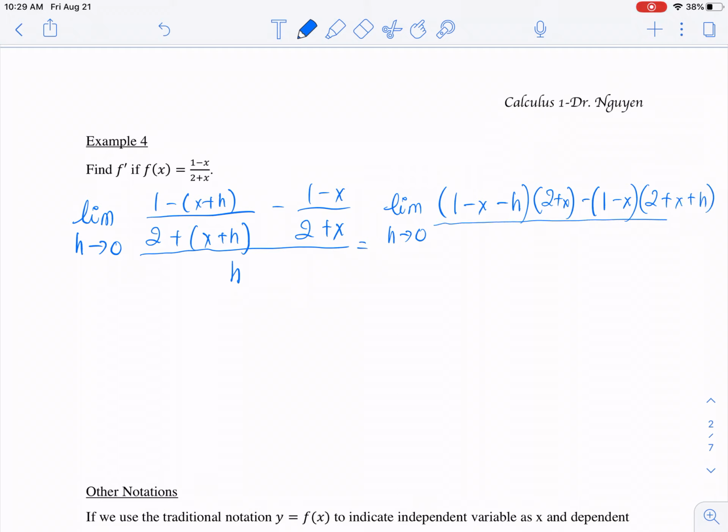Don't forget the original h. So let me just highlight the original h for you. Okay, so pretty much we multiply by the reciprocal. So when we divide, you multiply by the reciprocal. All right, let's simplify it.